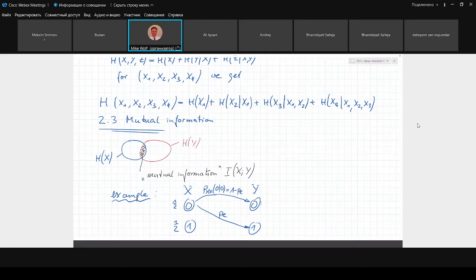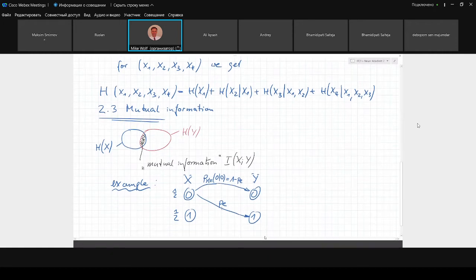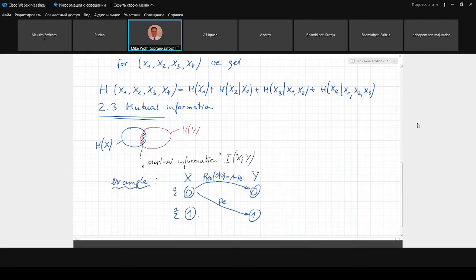Let's say this is 10 to the minus 2 or so. This means in most cases a 0 is received as a 0. In 99% of all cases, and in 1% there's an error. So it's wrongly received, but it's statistical. In this case, we would denote this as a so-called symmetrical binary channel, because it's symmetric.